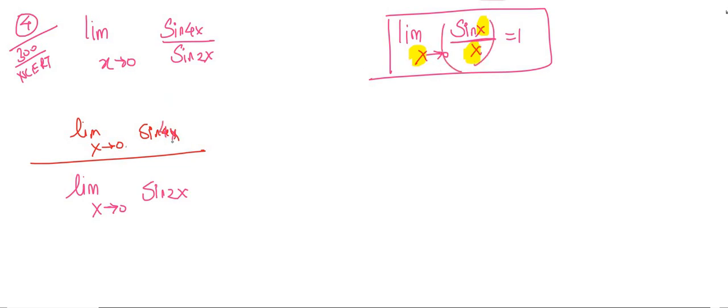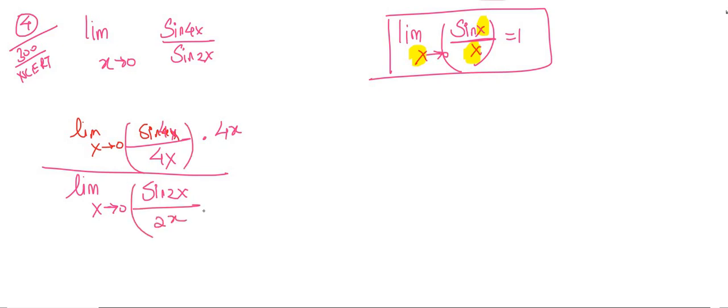With 4x, I need 4x. इधर देखिए, let me show you once. 4x. So can I divide and multiply 4x? Correct? Now here I need 2x, so I can divide and multiply by 2x. Sorry, 2.